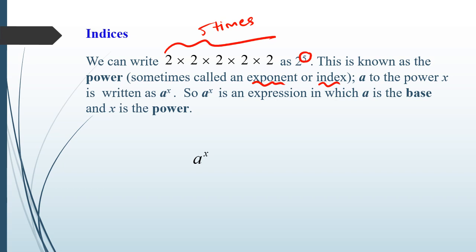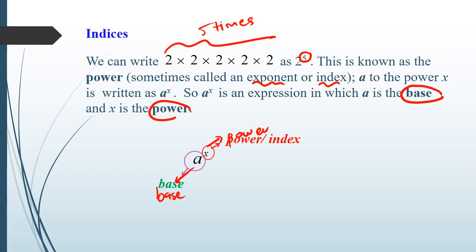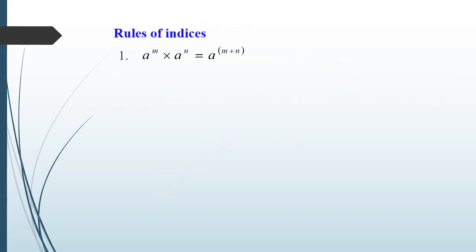A to the power of x is written as a superscript x. A to the power of x is an expression in which A is the base and x is the power. So A is the base, x is the power. Rules of indices.